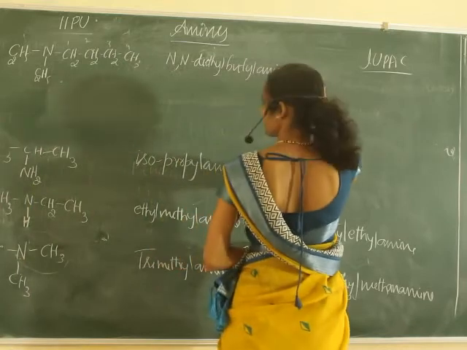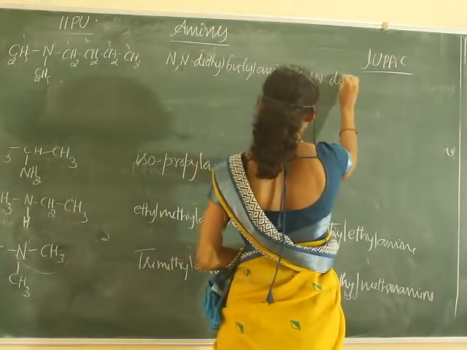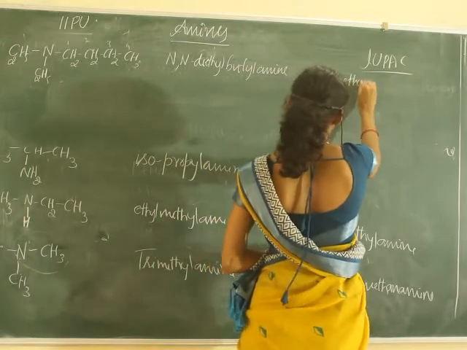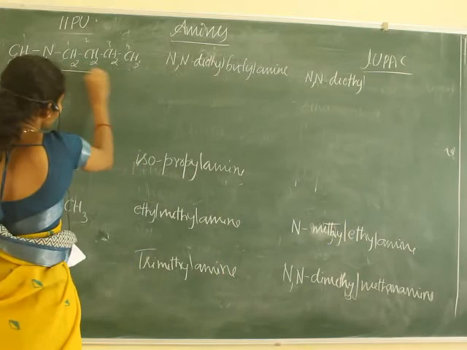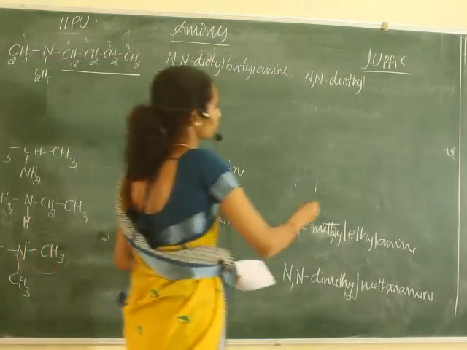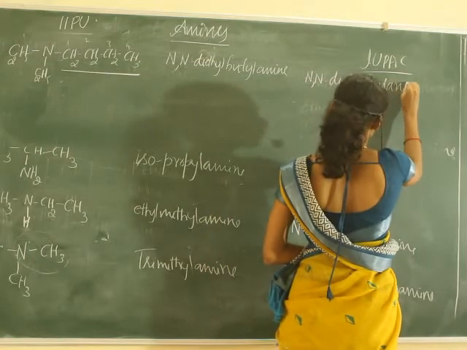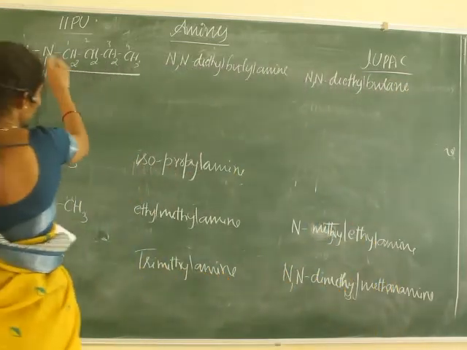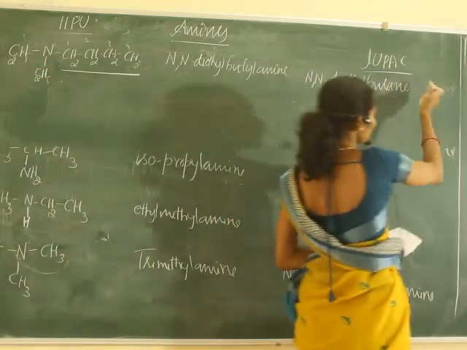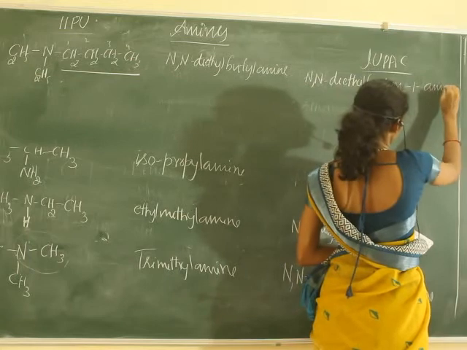And the IUPAC name: N,N-diethyl, same N,N-diethyl. Here it is butane, right? In butane, at what position is the amine group? First position. Or butanamine or butane 1 amine.